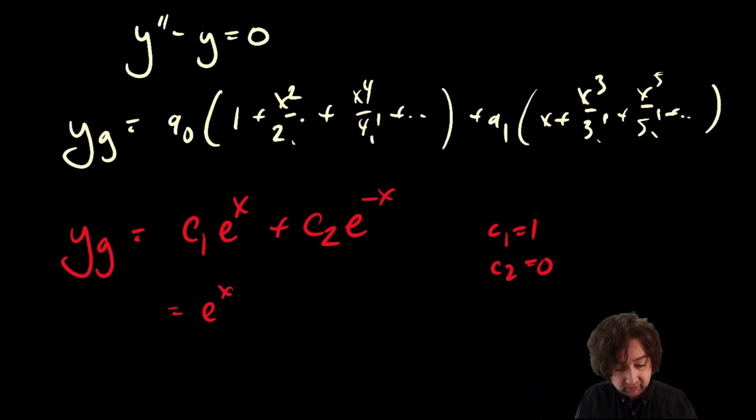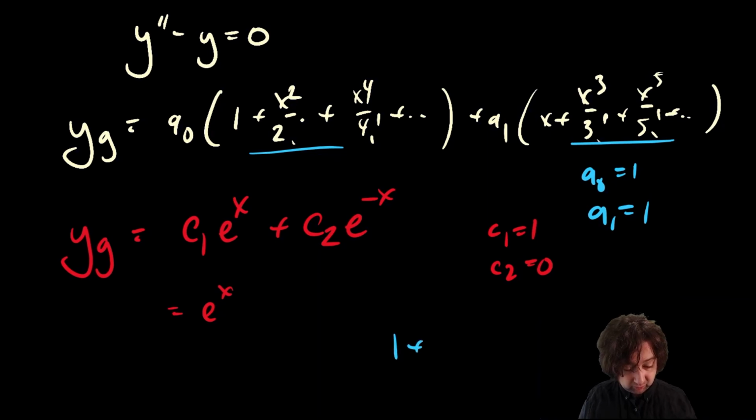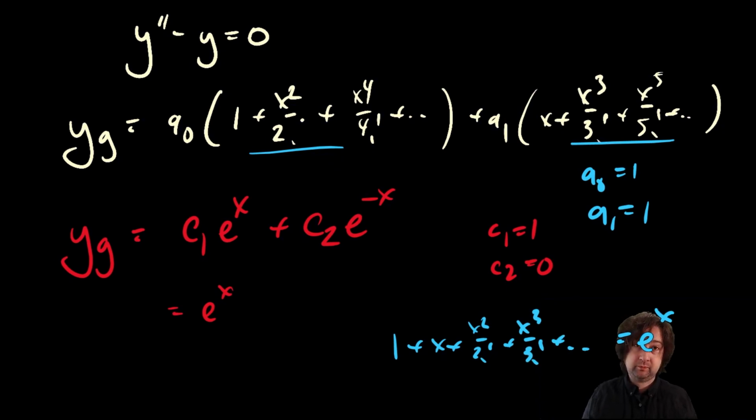If I let a0 be equal to 1 and a1 also be equal to 1, then those two series add together. And what they add into is 1 plus x squared over 2 factorial plus x to the third over 3 factorial, which is just e to the x. So the coefficients are different, but the solutions are the same.